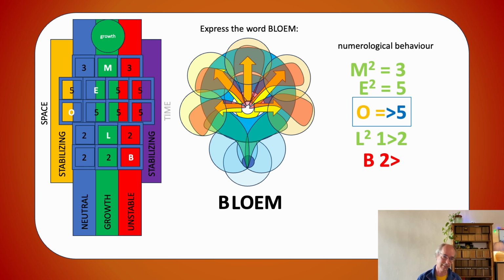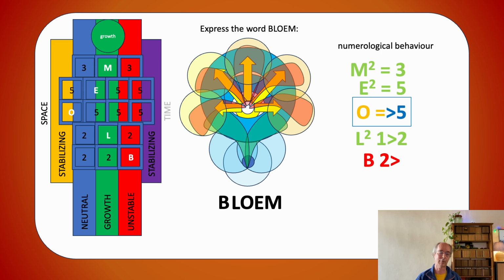The O at the left side will stabilize its positions in space, so it will make an order in space. Or the other H, which I'm not using now, it could use a reorganization in time, a stabilization in time. We don't need that now. It's about the letter O. The O is about stabilization in space.